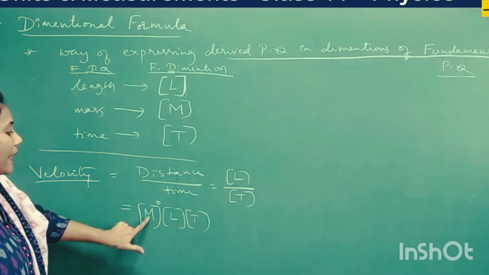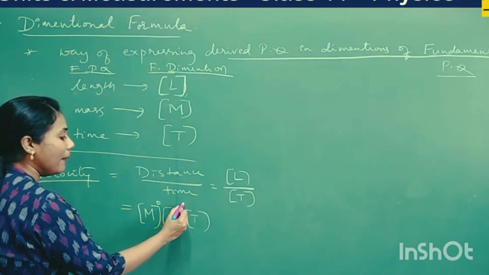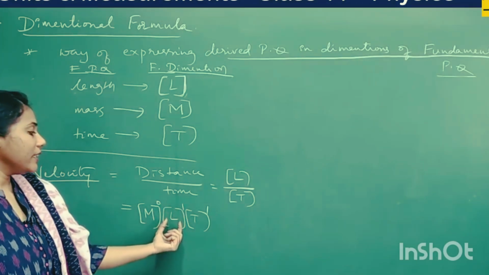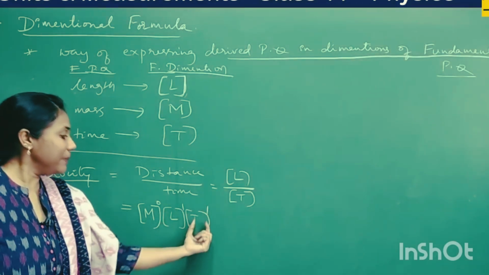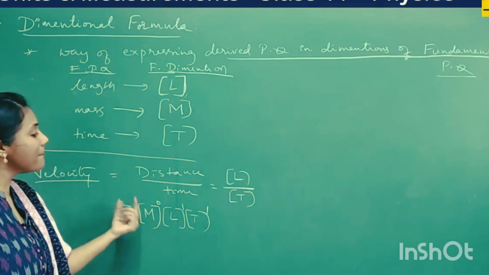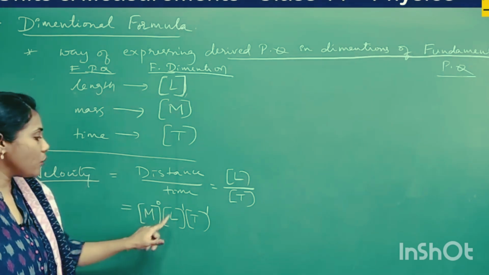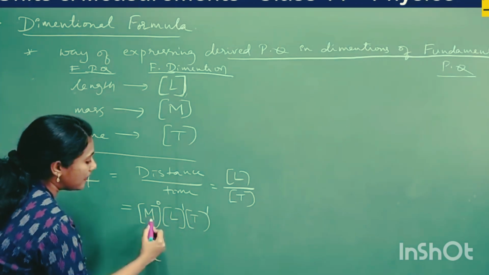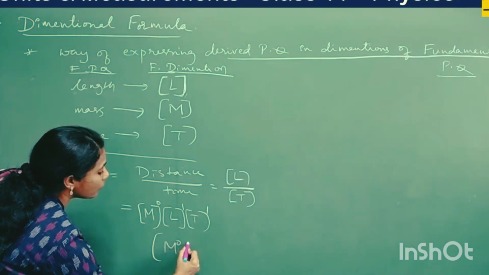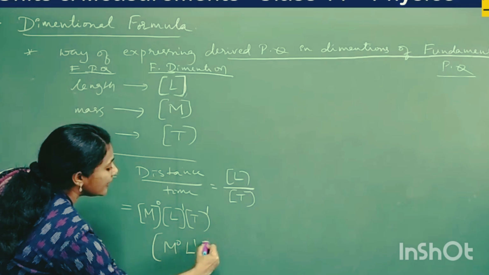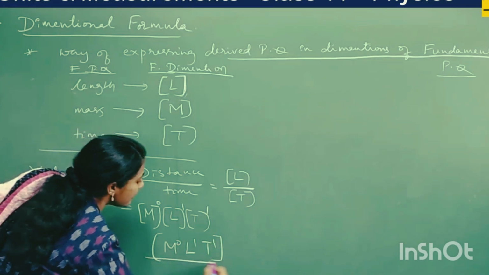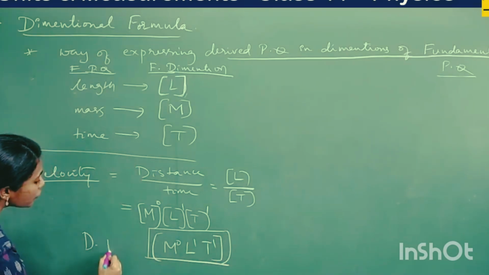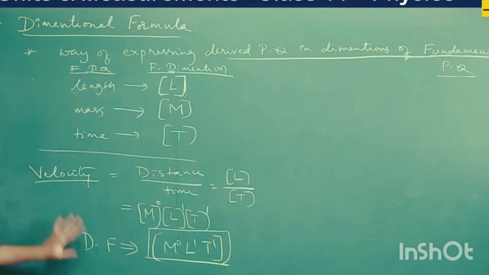So M to the power 0, L power 1, T power 1. That means one length dimension is involved, one time dimension is involved, and 0 mass dimension is involved. Or you can put the whole thing in one single bracket, M to the power 0, L1, T1. This is the dimensional formula for velocity.